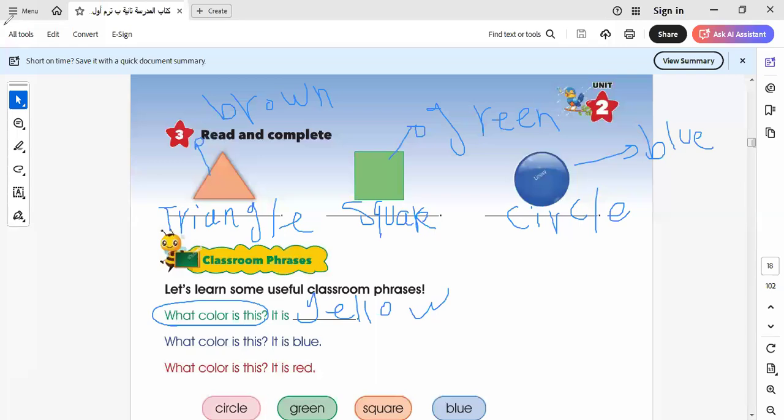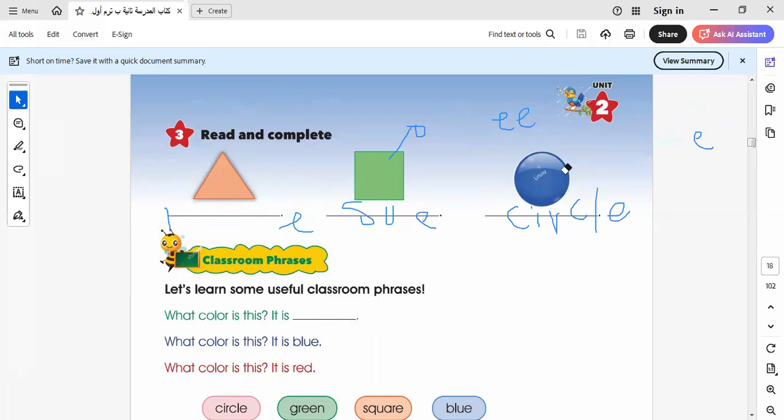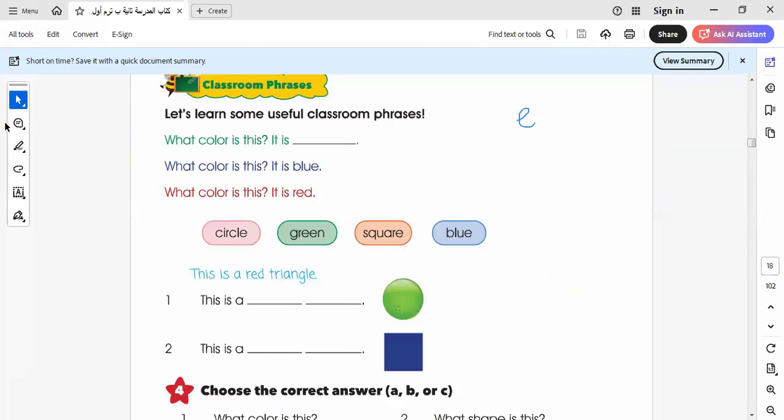Here in this part, we know the colors, and when we ask about colors, I answer with the color. So here we examine understanding about colors.